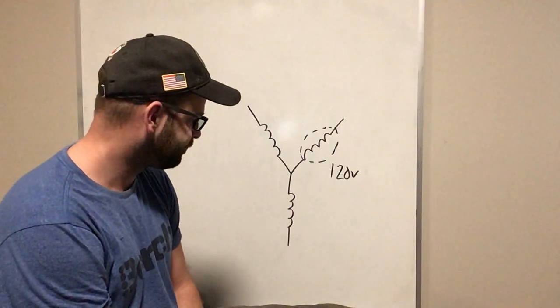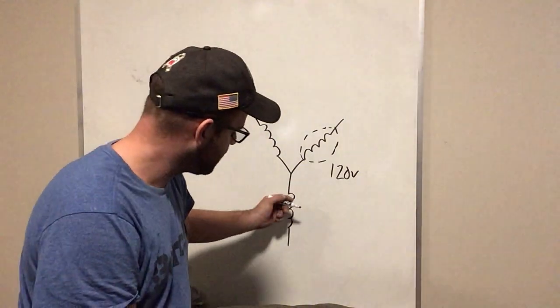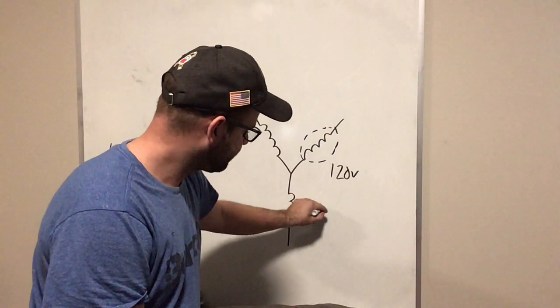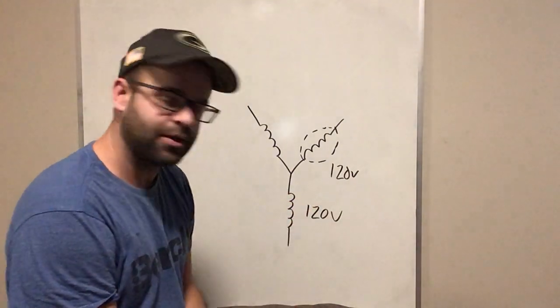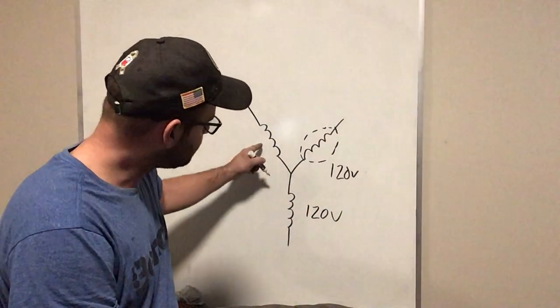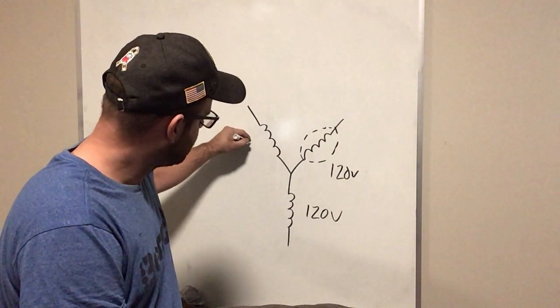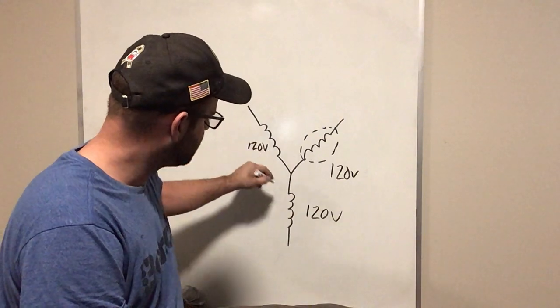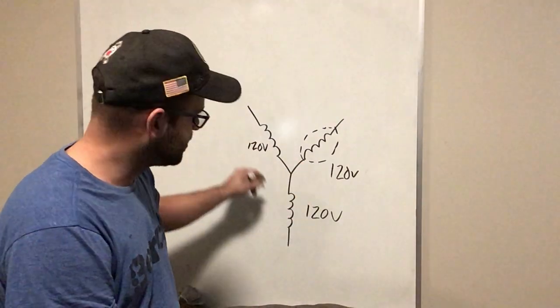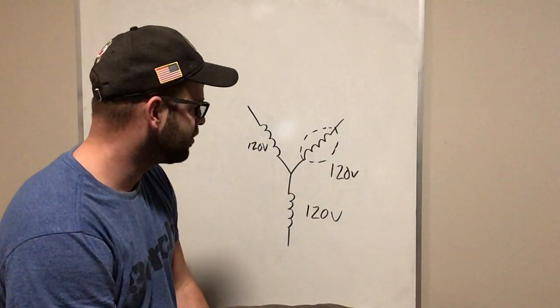Let's just say that. When it comes around, it produces 120 volts there. And when it comes around here, it produces 120 volts here. So in all three cases, it produces 120 volts.